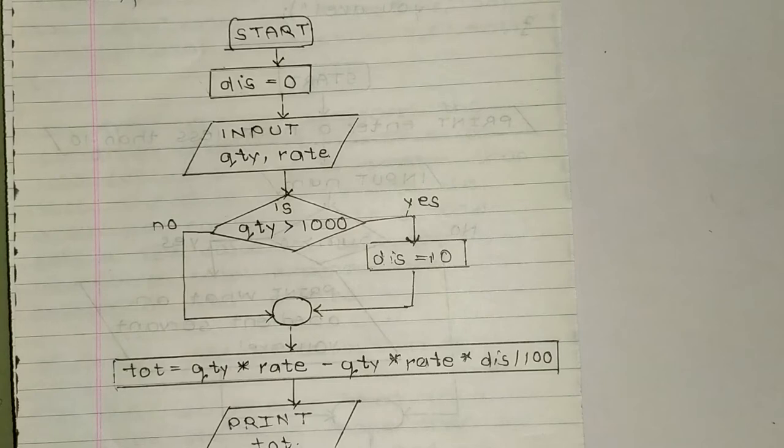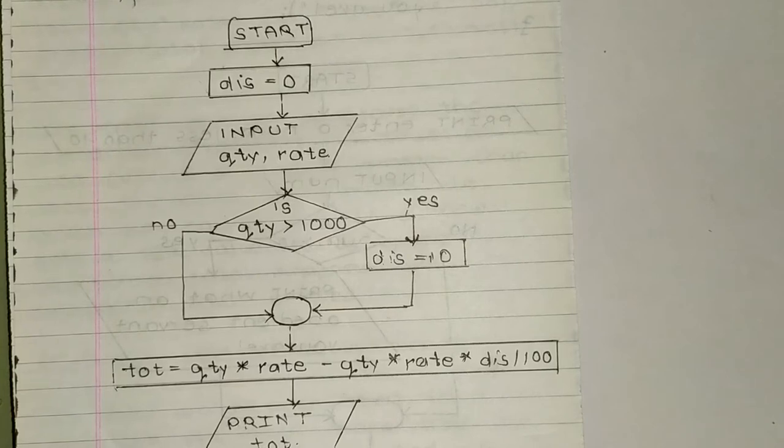Now we are comparing, is quantity more than 1000, so the comparison is being done. Now there are two options, yes and no. So if yes, discount is equal to 10, and if no, then the arrow is proceeding further.